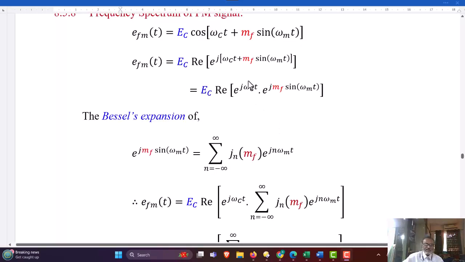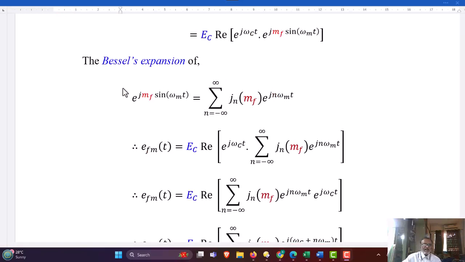We can further simplify ωct + mf sin(ωmt), dividing it in two parts, that is e^(jωct) into e^(j mf sin ωm t).